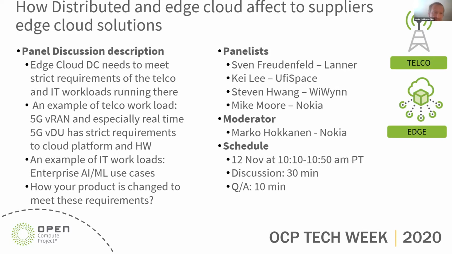That is bringing new use cases in the enterprise area. We are going to discuss how all the partner companies in this panel already have solutions, and how they need to take these requirements into account.